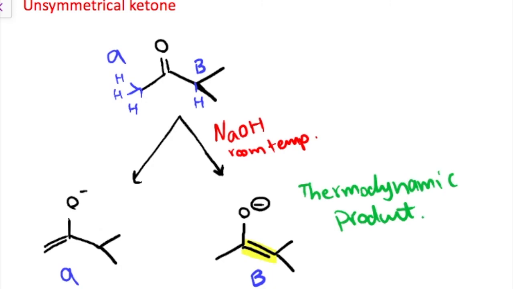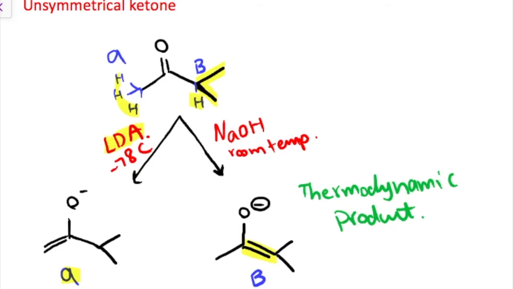Now what if I use a very bulky base such as LDA, and I use cold temperature, so minus 78? In this case we're going to get enolate A, and the reason is that this is a very bulky base, so it will have a harder time reaching this hydrogen compared to these hydrogens, because you can see we have two methyl groups right here. There's steric hindrance around this hydrogen, and the base is already bulky. How is it going to get that hydrogen?